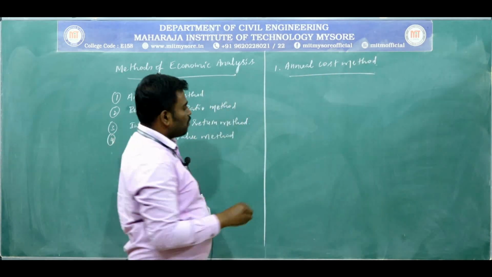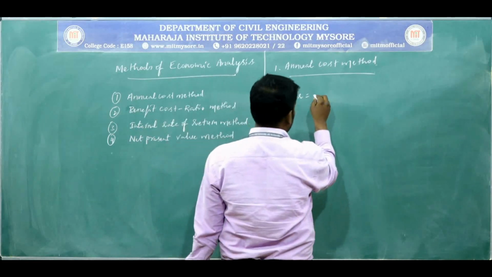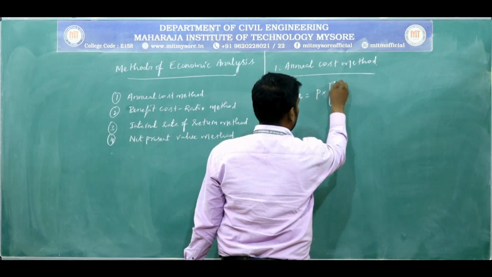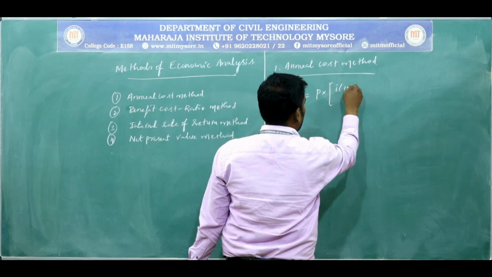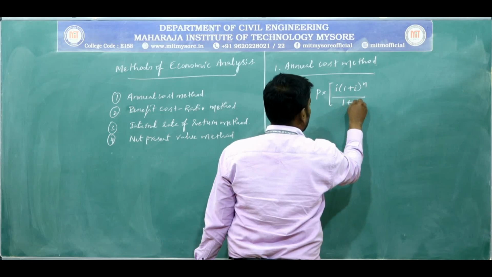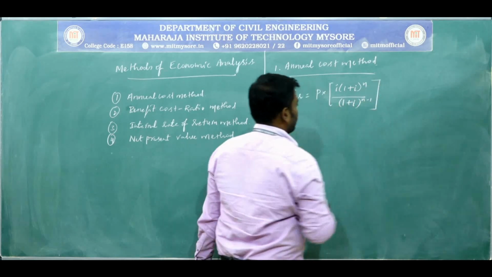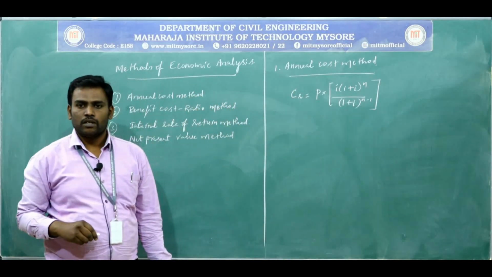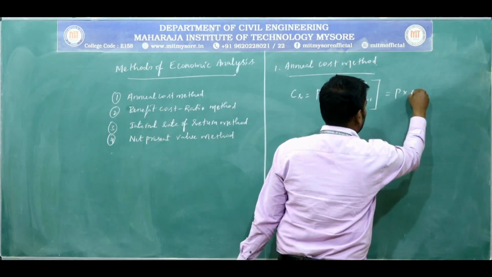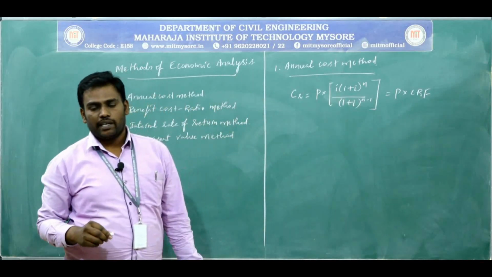The annual cost CR is obtained from the relation P into I (1 plus I) to the power of n divided by (1 plus I) to the power of n minus 1. That is equal to P into CRF. CRF is the capital recovery factor.